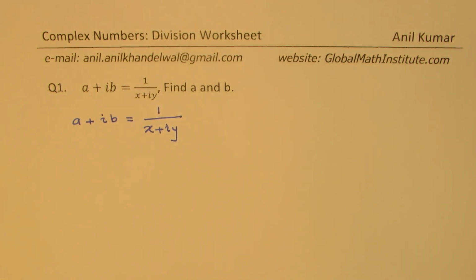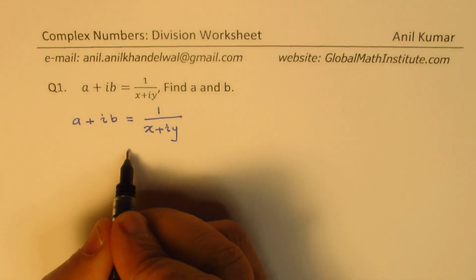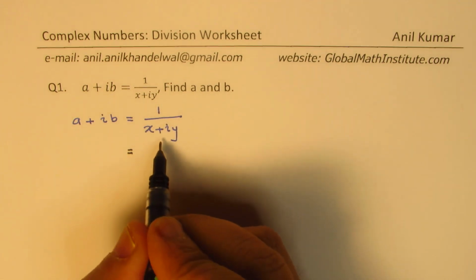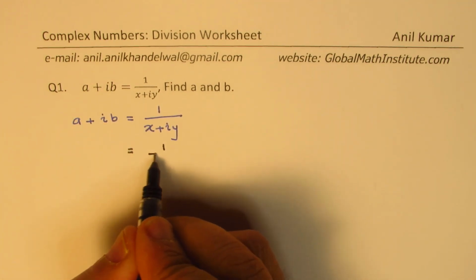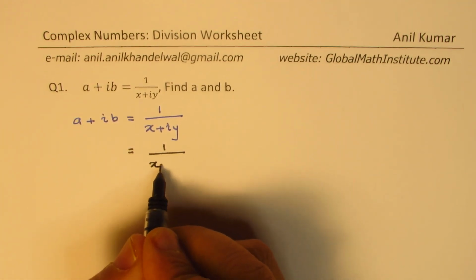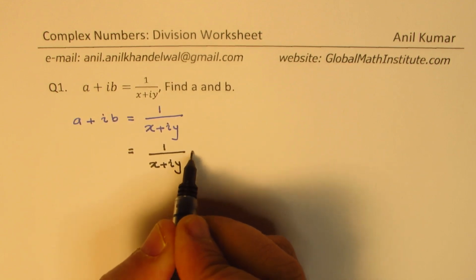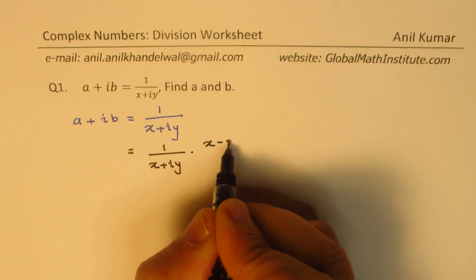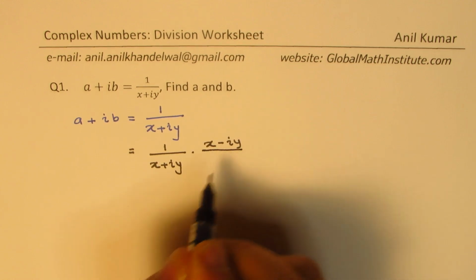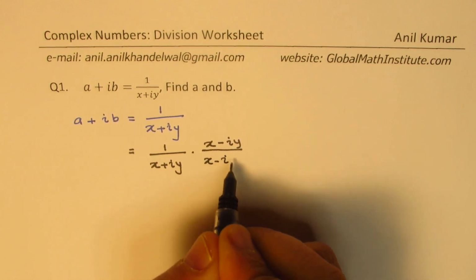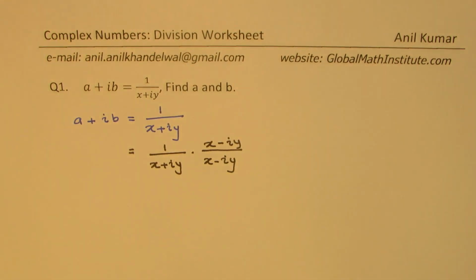So what we are going to do here is we are going to multiply and divide by the conjugate. So we'll get 1 over x plus iy times x minus iy over x minus iy. Right. So in the very first step, we did the process of realization.